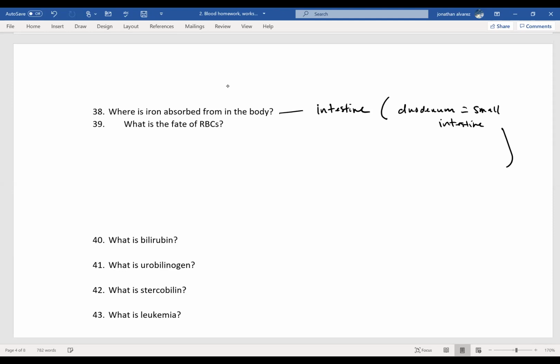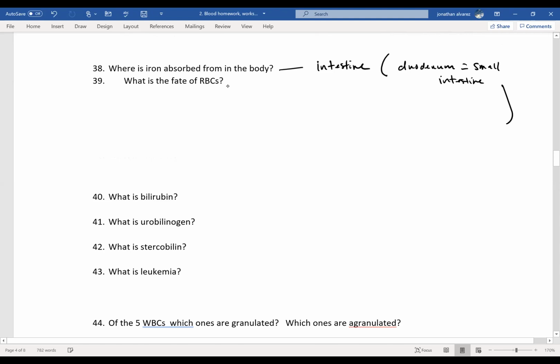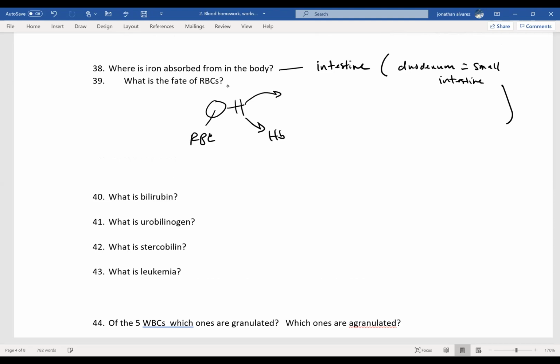Red blood cells eventually die after about 120 days, and then the body takes the hemoglobin off and breaks it down. So the iron and the proteins are basically recycled.